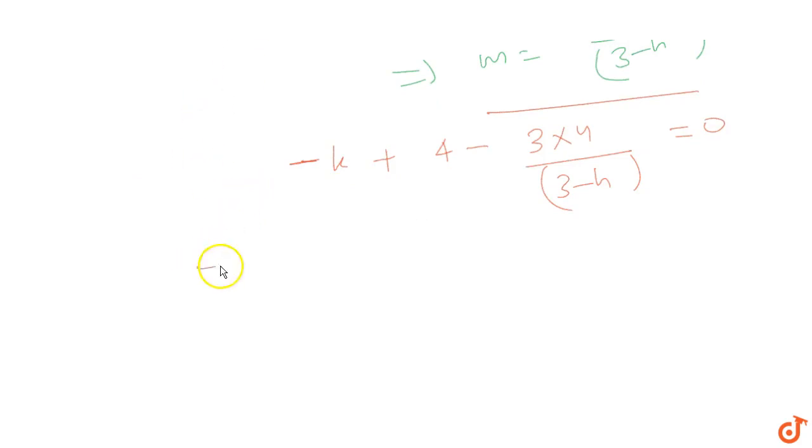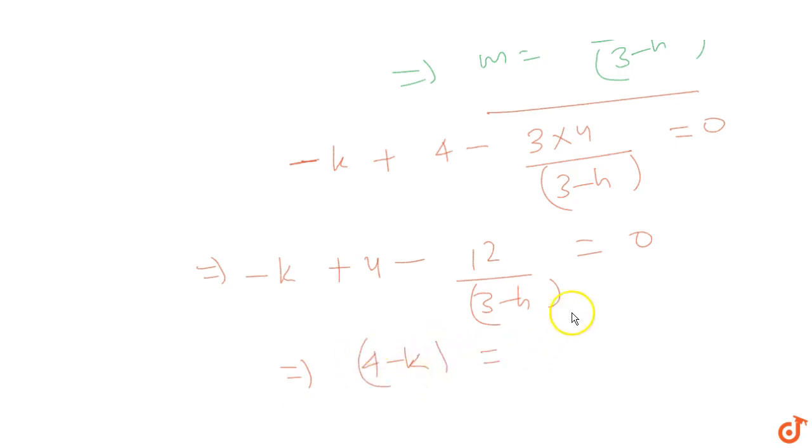Okay, now we have this equation in the form of h and k. So it would look like minus k plus 4 minus 12 upon 3 minus h equals 0. So 4 minus k equals 12 upon 3 minus h.